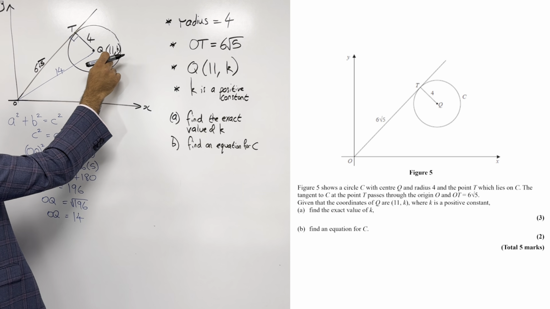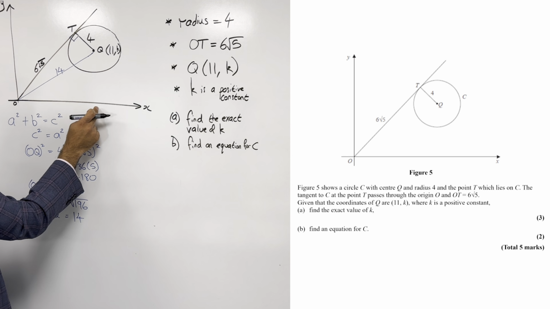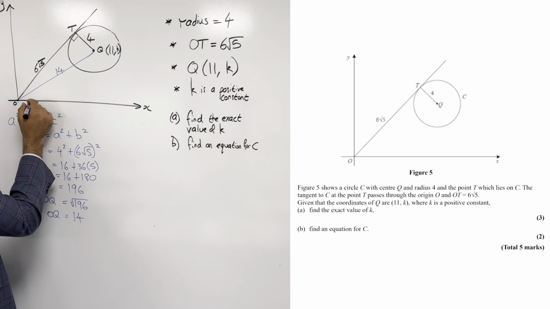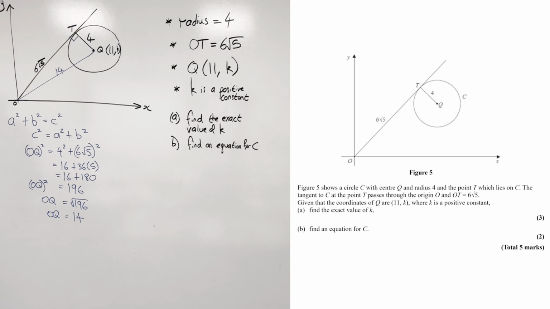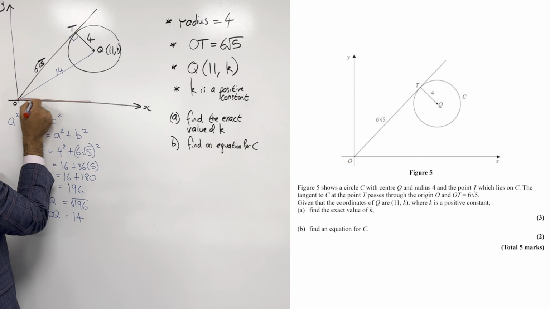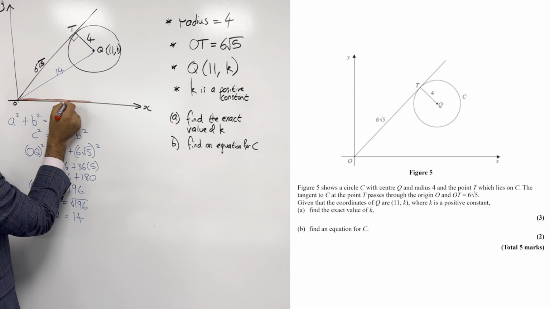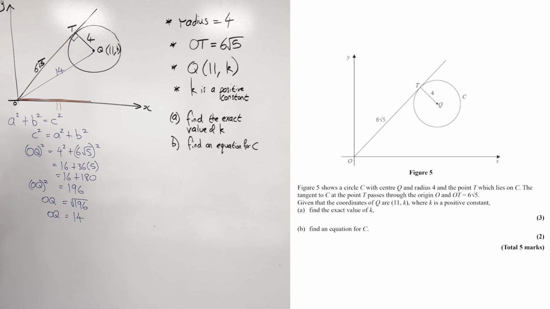It's telling me something about the length of x from the origin. So I can use this 11 and form another triangle. From O to this value, I know that this length will be 11 units. How do I know that? Because I know that the x value here is 11.